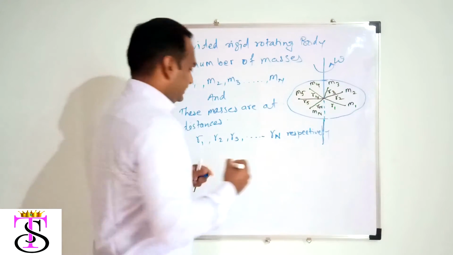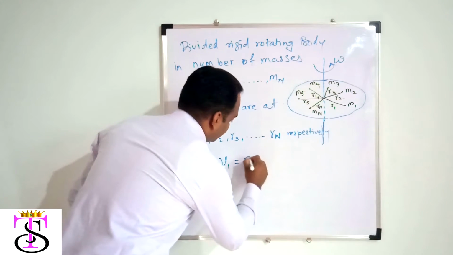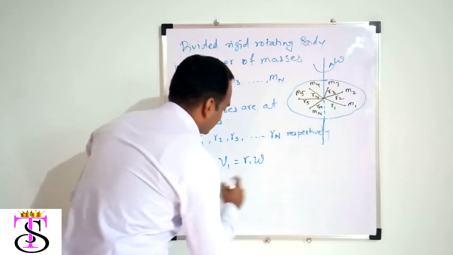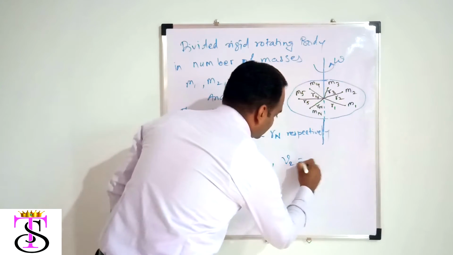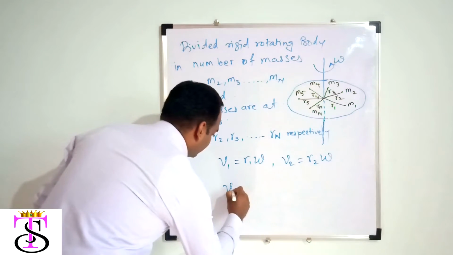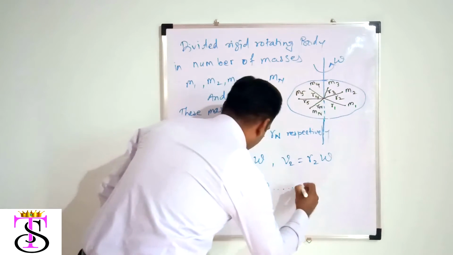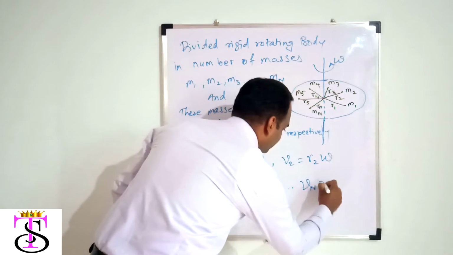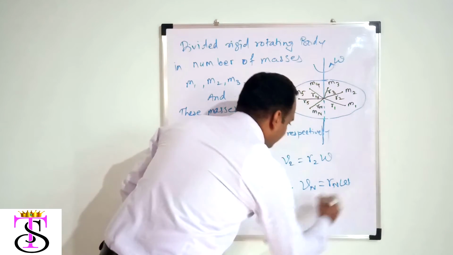So we can write this linear velocity v1 as r1 omega, then v2 is equal to r2 omega, then v3 is equal to r3 omega, and similarly we can write vn equals rn omega.